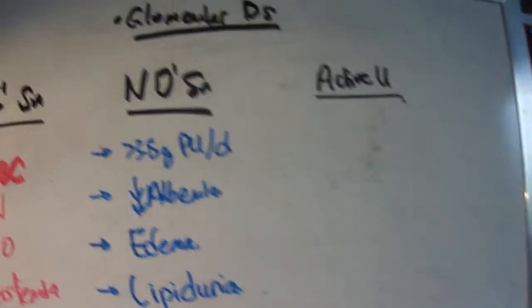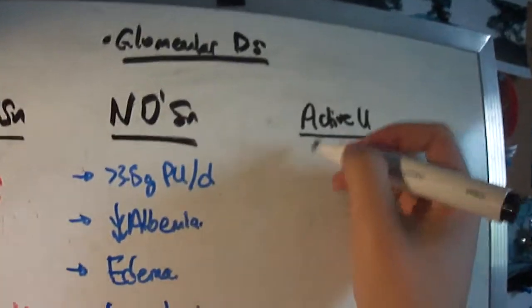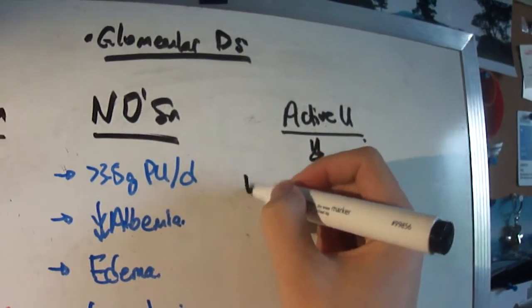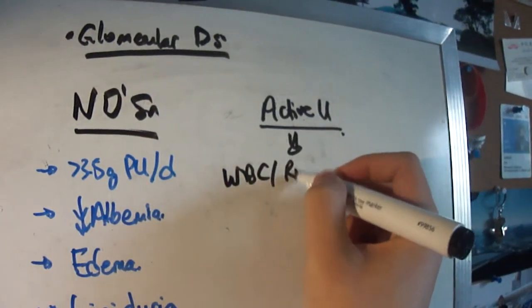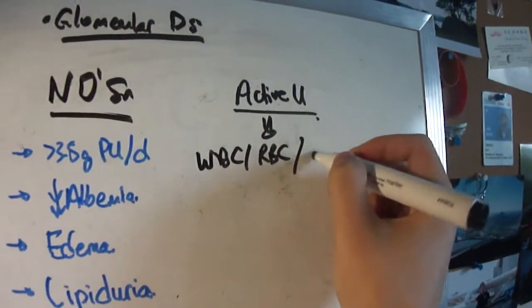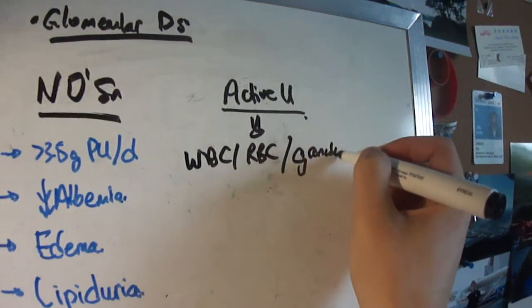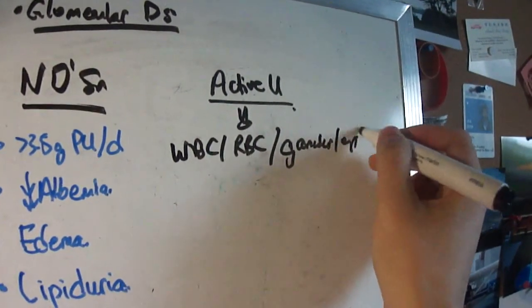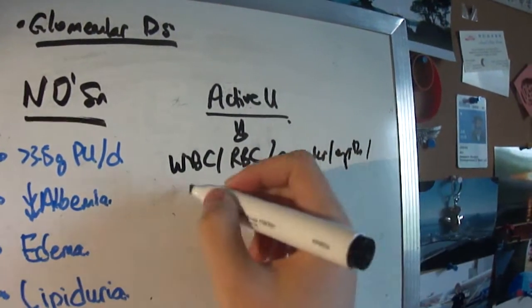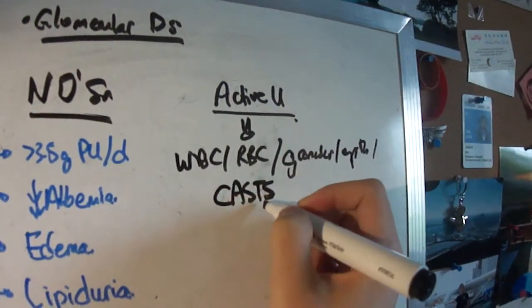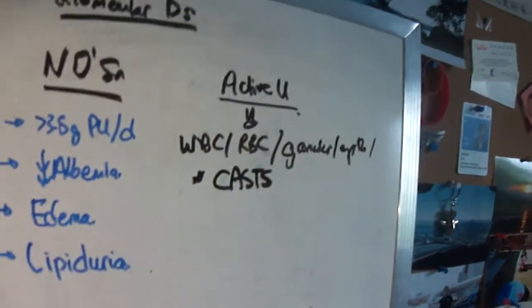Okay, so active urine means that you have white blood cell, or red blood cell, or granular, or epithelial, blah blah blah, casts. This is the main issue here.